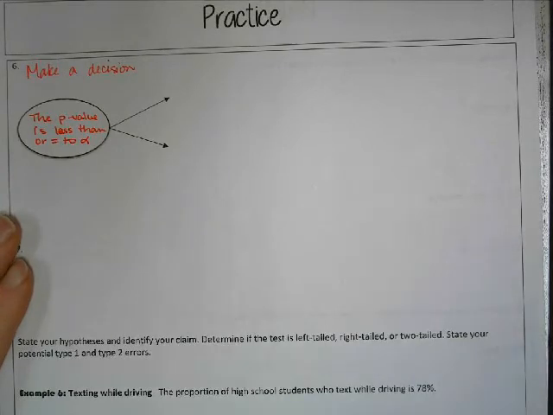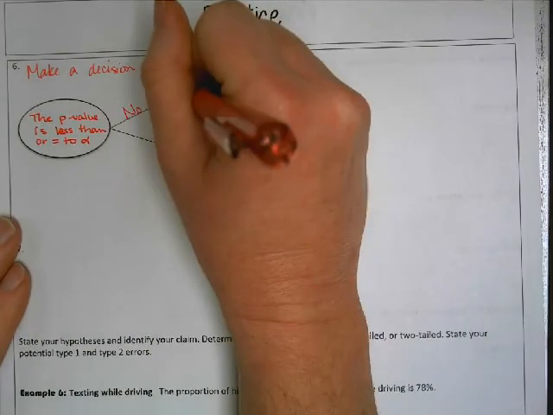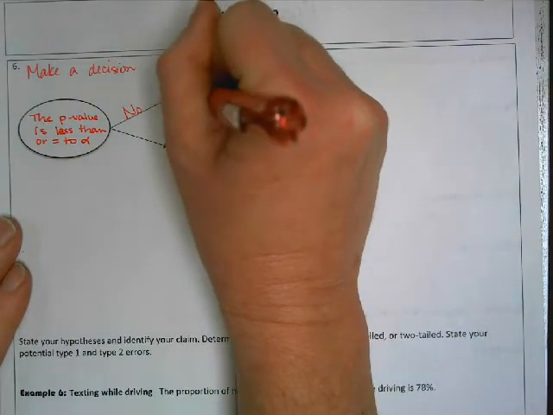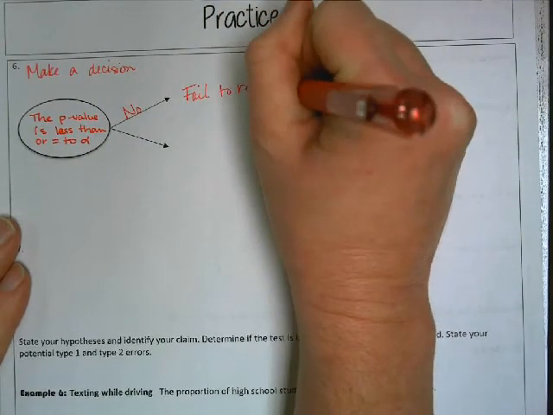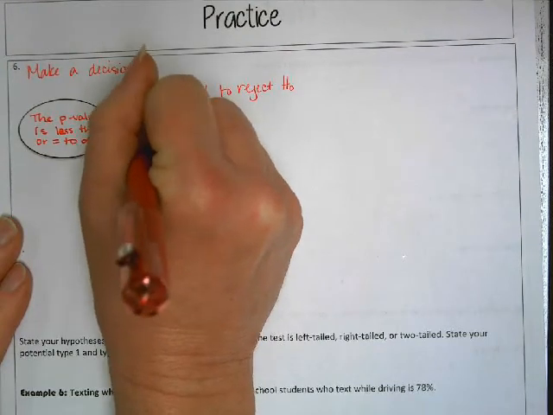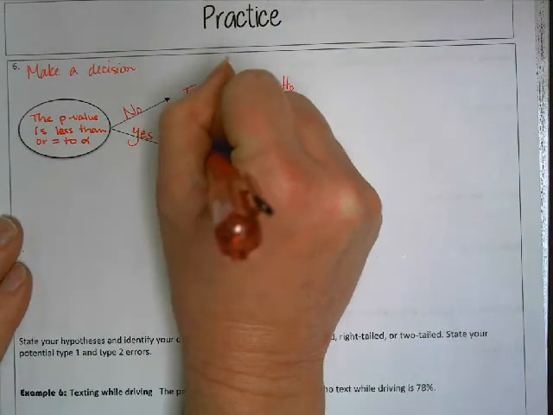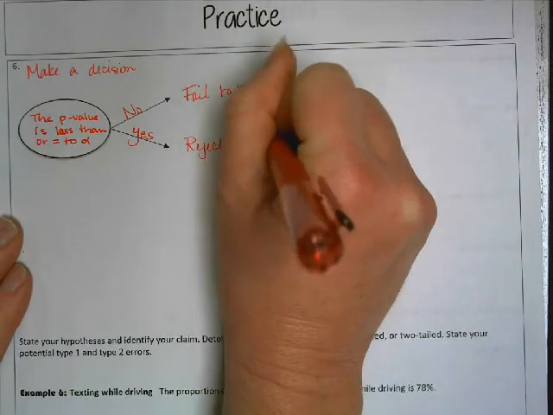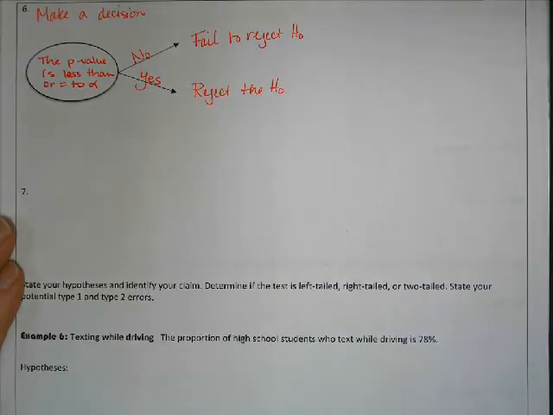If the p-value is less than or equal to alpha, you reject the null. If it is greater than alpha, you fail to reject the null. And then you will interpret.